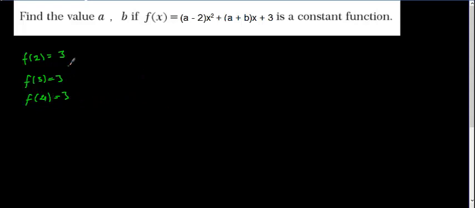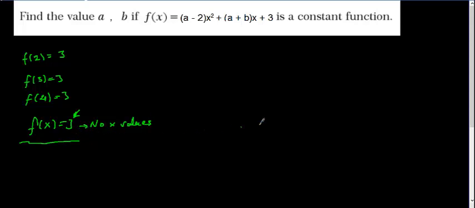Why is it like that? Because f(x) is equal to 3. When you write f(x), if it is a constant function, it takes only one value, that's 3, and we don't have any x values here.